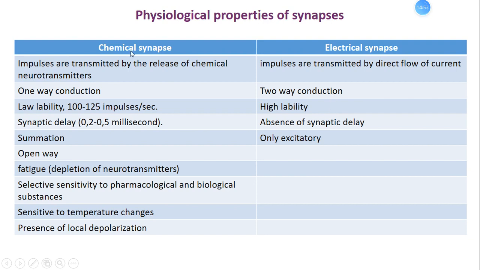In chemical synapses we have synaptic delay, because we need to synthesize the neurotransmitter and transmit it into the synaptic cleft, and in electrical synapses it is absent. In chemical synapses we have summation, and in electrical synapses there is no summation, and it is only excitatory.